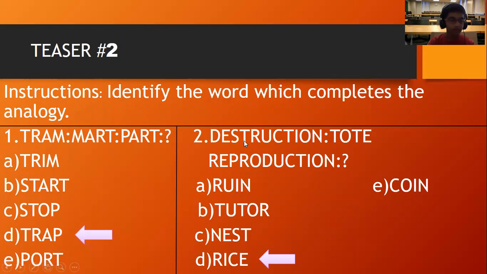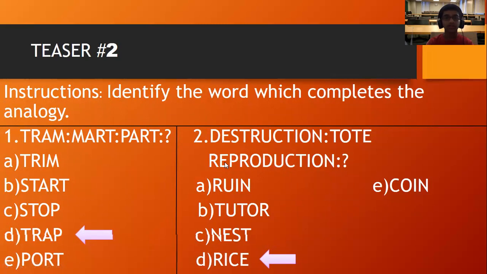The 4th, the 10th, the 8th, and the 2nd, which forms tote. Just like that, here we can find the 4th R, the 10th I, the 8th C, and the 2nd is E, which makes rice.